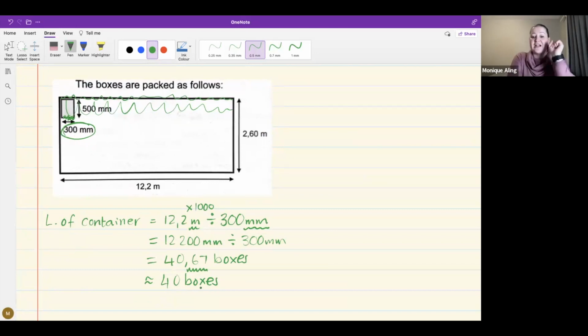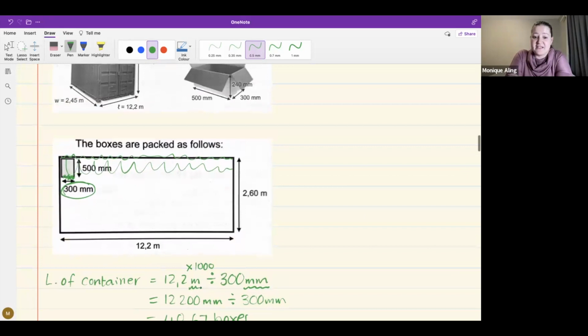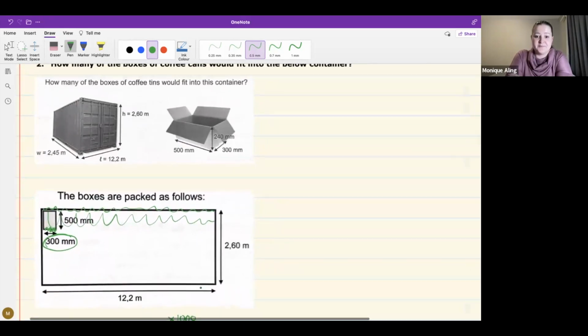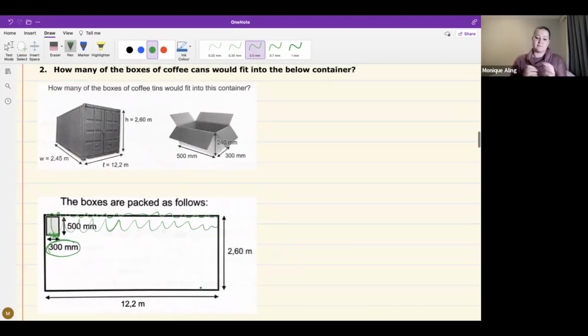So you guys can work out how many boxes fit along the width and how many in the height, and then you can work out the total number of boxes that will fit into this container. If you need help, raise your hand, let us know.